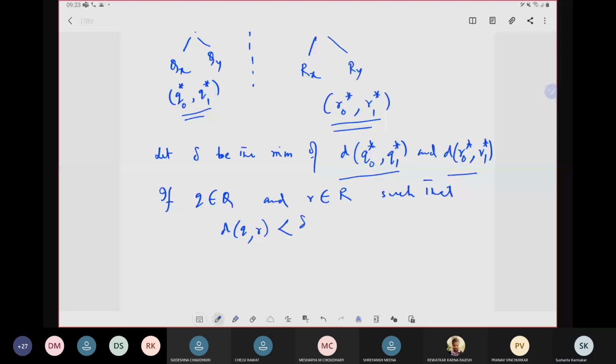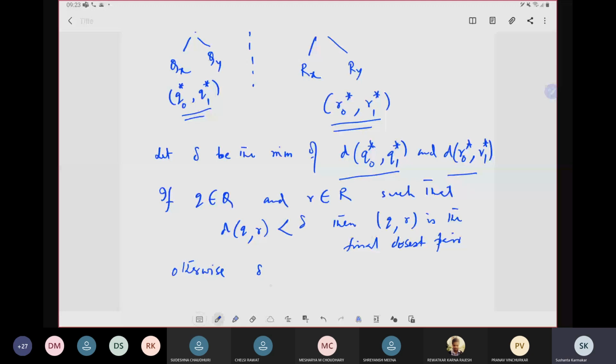Otherwise, delta represents the distance of the smallest closest pair, and this corresponding item is the closest pair. That means if delta is this, then Q0, Q1 is the closest pair.